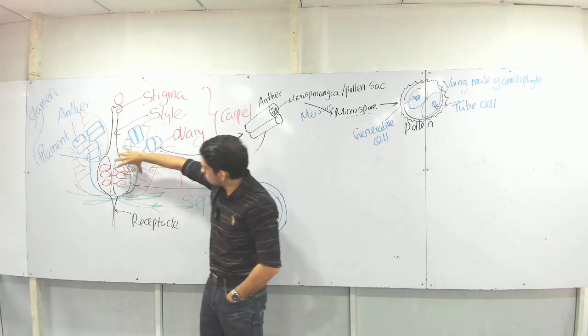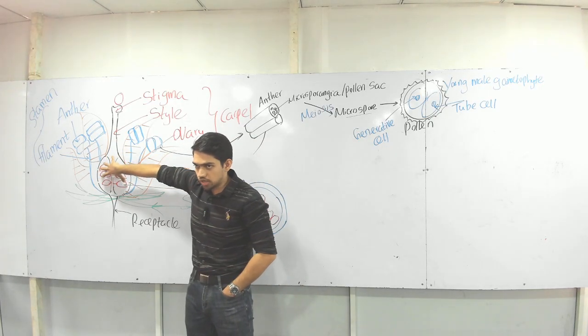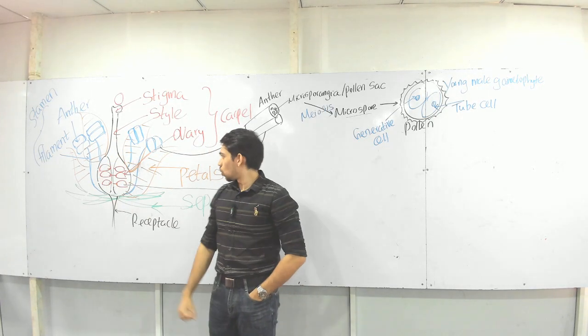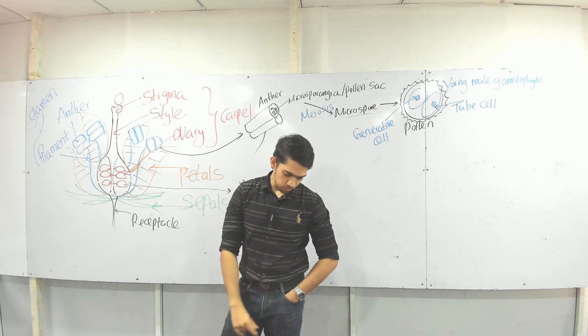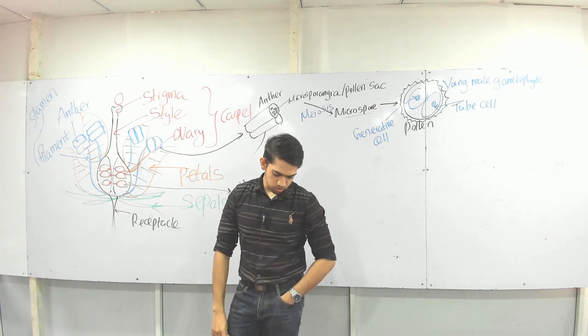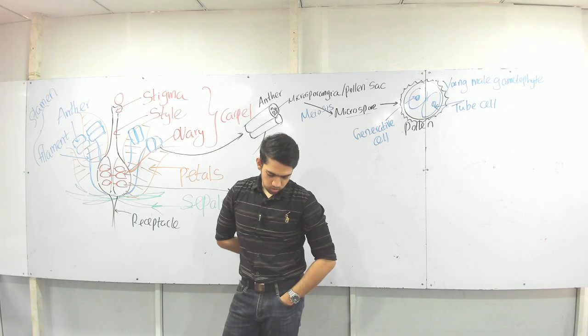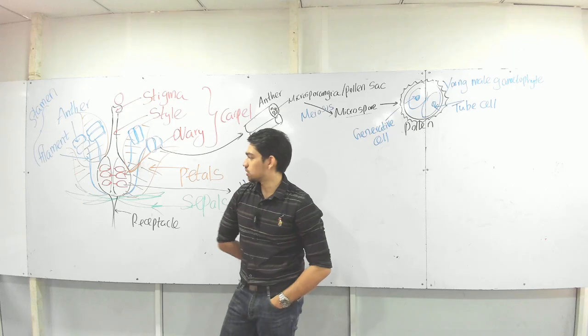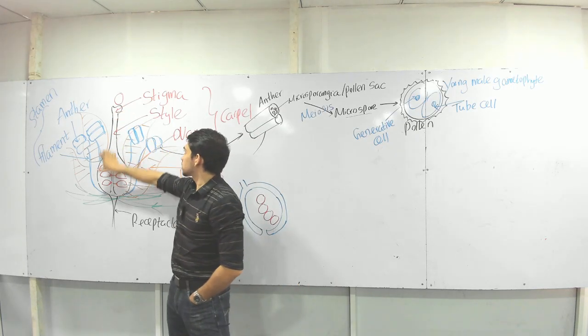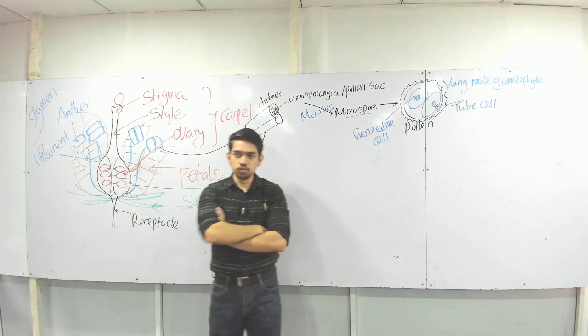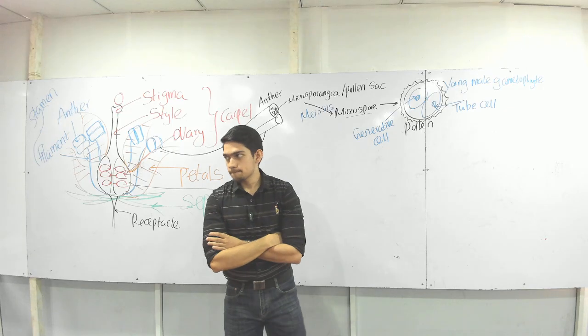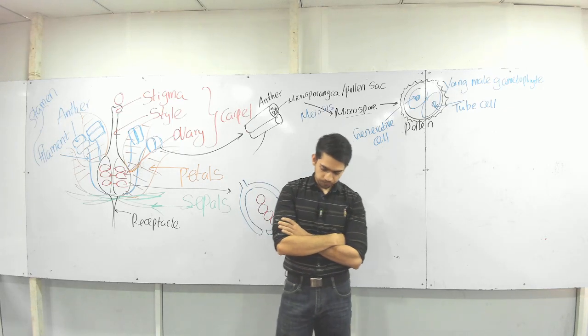Swollen base of the carpel. This is swollen, can you see? Enlarged. That is the ovary. Ovary contains one or more ovules. Highlight. A long slender neck called the style connects the ovary to the stigma. Ovary and stigma are connected by a neck-like tube that is called the style.